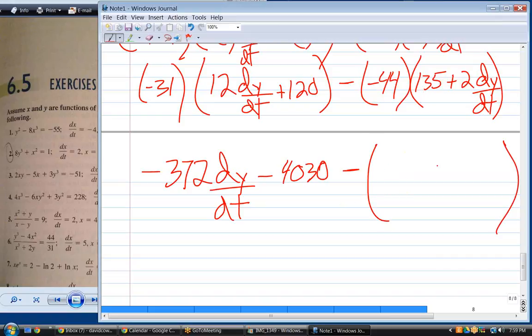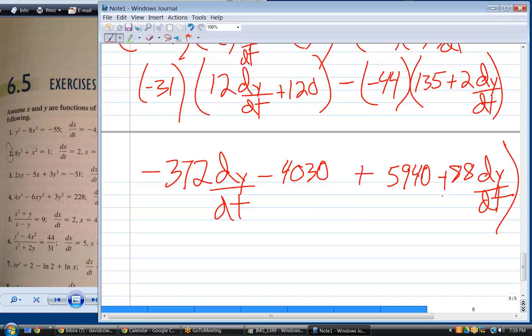Okay. And then it would be a negative 5,940. And then minus 88 dy dt. Now let's remove parentheses. Changes this to a plus and this to a plus. Right? In other words, both of those minus signs I can remove, change it to a plus, and change that to a plus. Okay, now gather all the dy dt's.